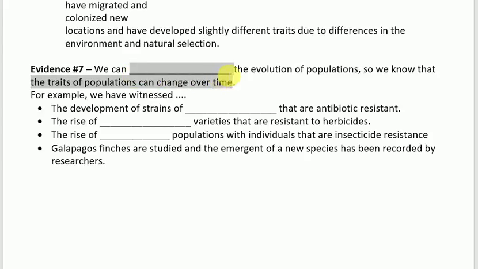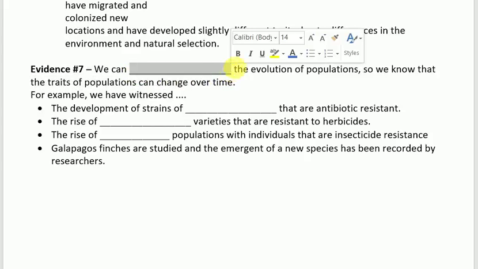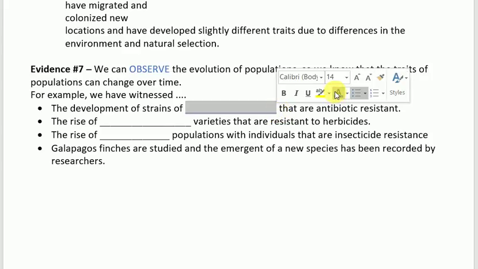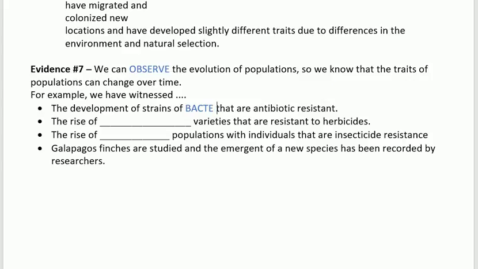And evidence number 7, we can observe the evolution of populations, so we know that the traits of populations change over time. For example, we have witnessed the development of strains of bacteria that are now antibiotic resistant.